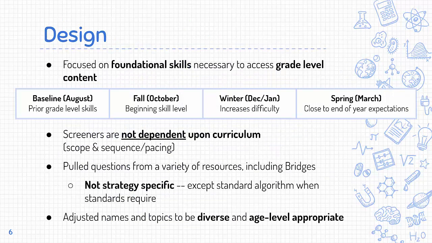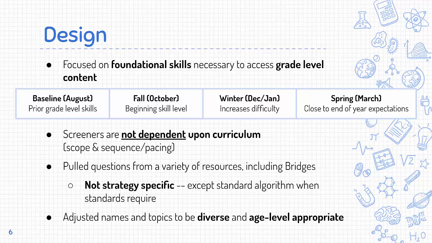The design of these universal screeners is focused on foundational skills necessary to access grade level content. The baseline assessment is assessing prior grade level skills and progresses through fall, winter, and spring with progressively more difficult skills as you go throughout the year.